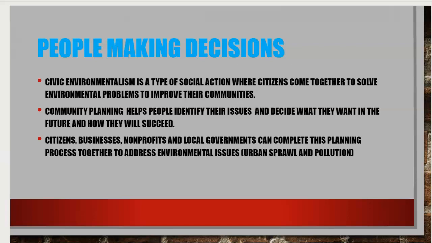This usually starts with the community planning and then identifying things. And then once they've identified the problems, they decide how they want to solve those problems and proceed in the future if they want to be successful with it. Citizens, businesses, nonprofits, local governments, all of these people can come together in a planning process to help address environmental issues.